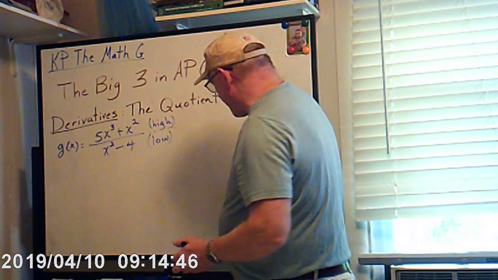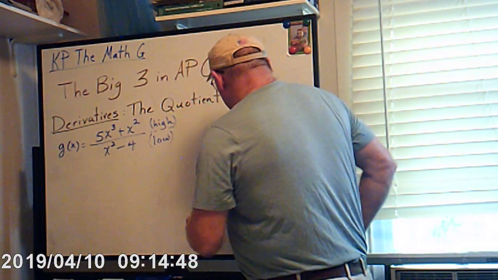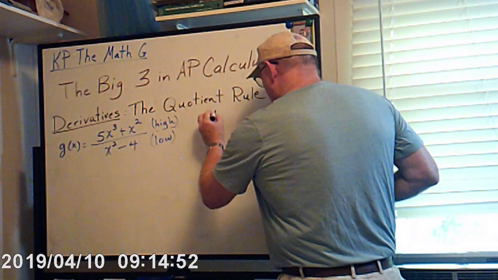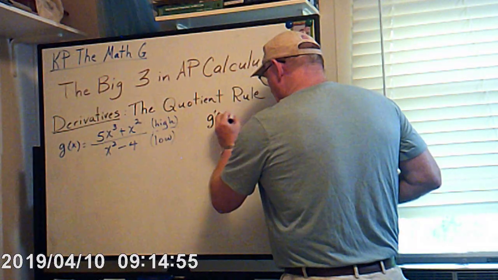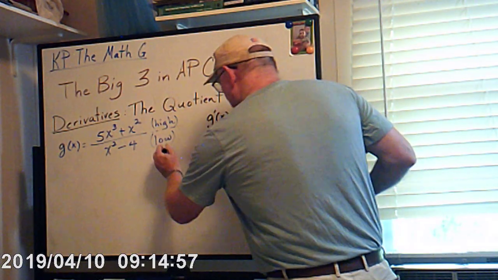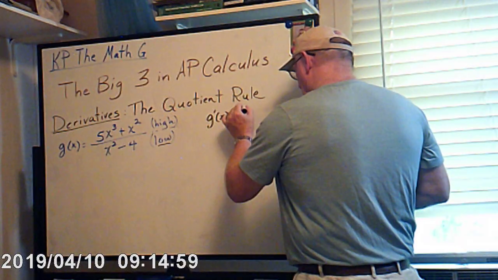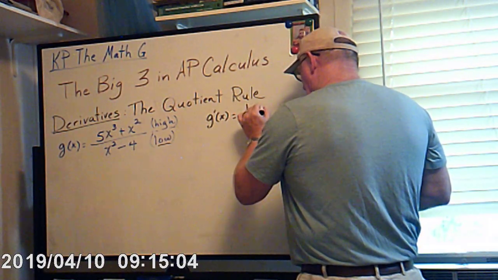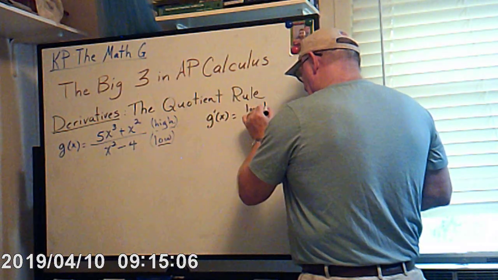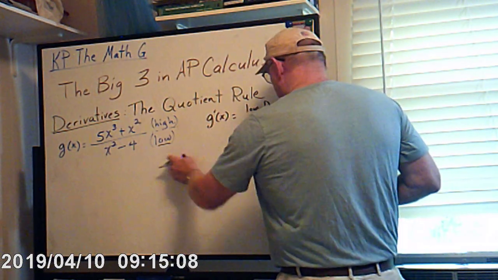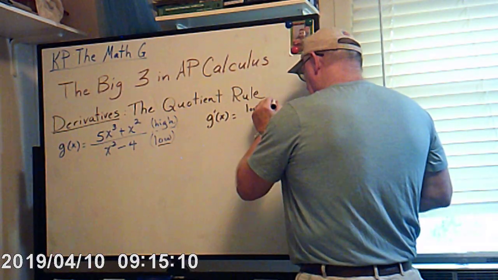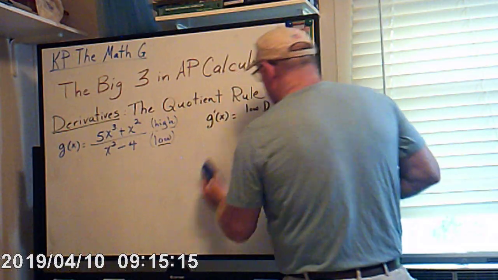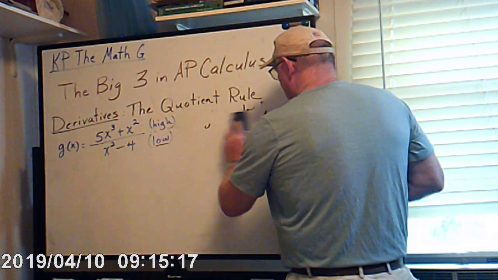Alright, let's take a look at this now. The derivative. Let me see if I can put this on the side. The derivative of g, we call it g prime of x, is equal to low times the derivative, with respect to x, of high. I don't know if I'm going to have room. I know I'm not, so let me scoot it over.